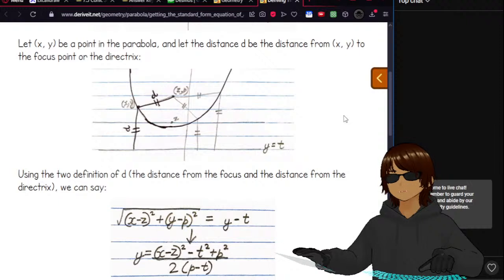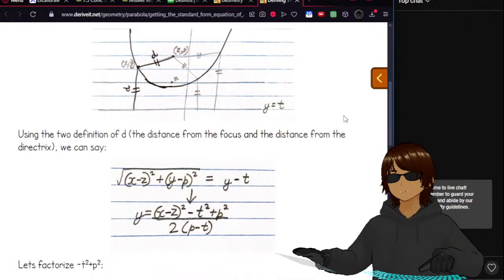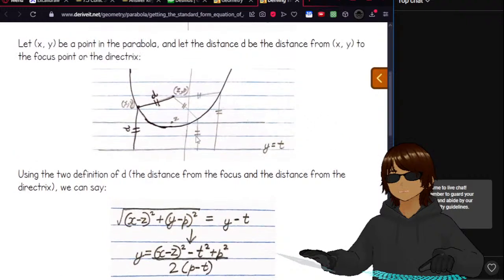Right? And then the second definition of d is y minus d.